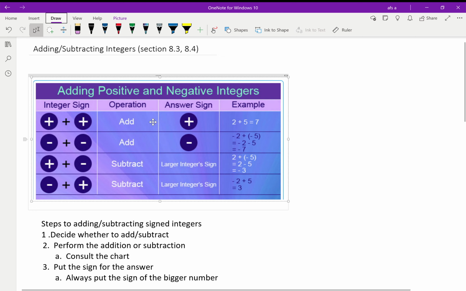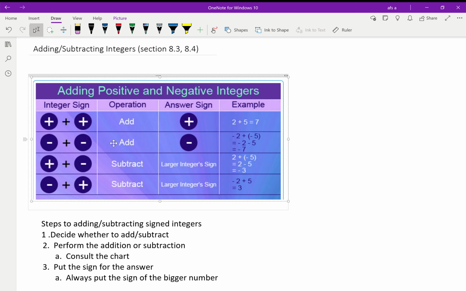I have a little chart just explaining what's going on. In terms of adding integers, when you are adding two positive numbers, obviously you're going to be adding them. And for the sign of the final answer, you should be putting the sign of either one of those, or the positive. When we are talking about two negative numbers, because they're the same signs, we're still adding them.